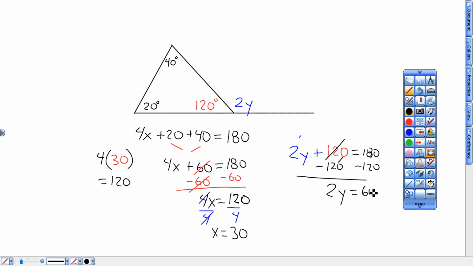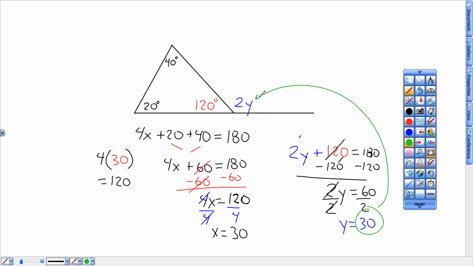But remember, that is just the answer for y. It's not the degrees of y. Y equals 30. But it's not 30 degrees. That's a mistake, because if you think it's 30, 30 plus 20, that's not 180. That gives you the number to plug in for y to find out.